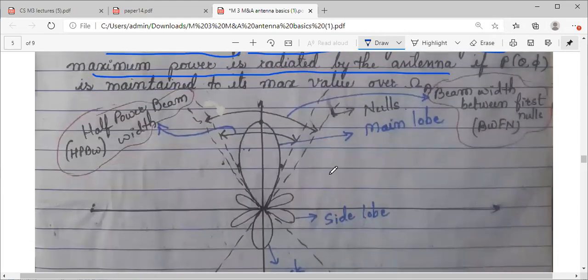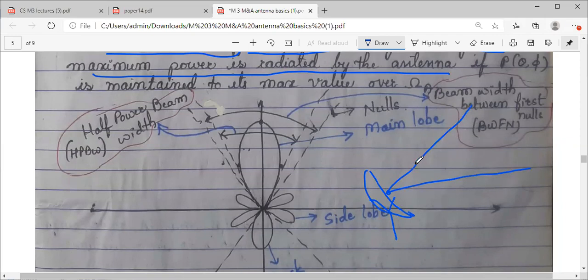For example, I have given you here a figure. Suppose you have an antenna here. This antenna is in the shape of a dish. From this, in this direction, in this area, the radiation is propagating, the wave is propagating and the waves are radiating here.